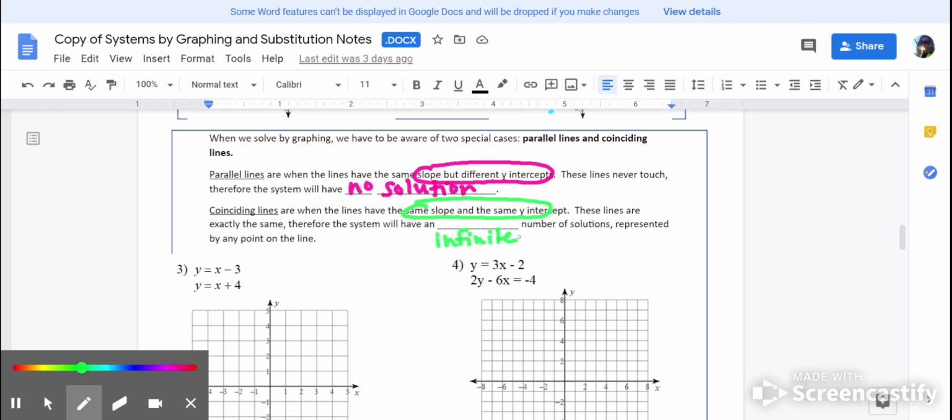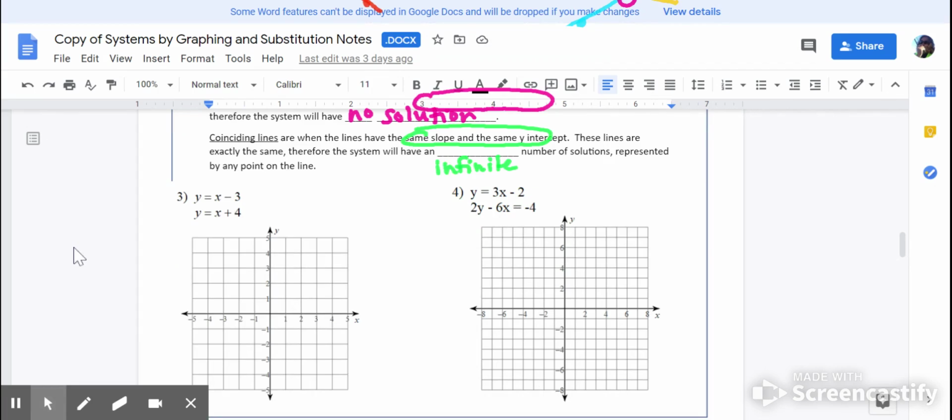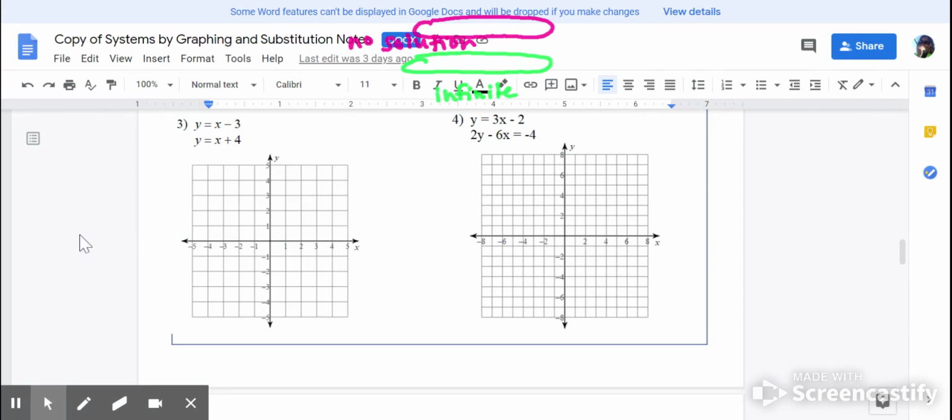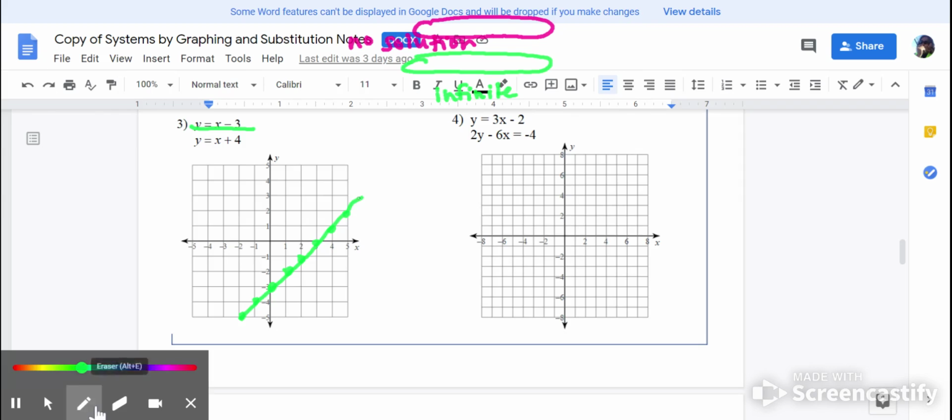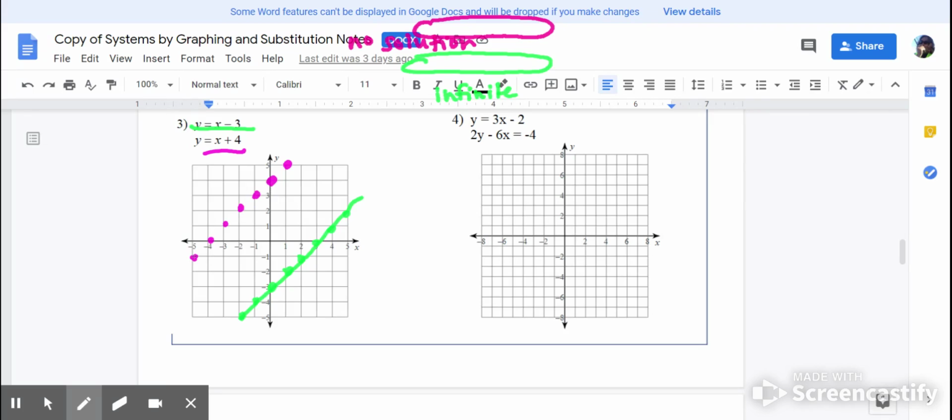So let's look here at the two examples that are provided. On number 3, we have y equals x minus 3 and y equals x plus 4. If I start with the x minus 3, that means my y-intercept is negative 3, and I'm going to increase at a rate of 1 over 1. Connect my dots, make a continuous line. And then as I graph y equals x plus 4, I start at 4, and my slope is 1.